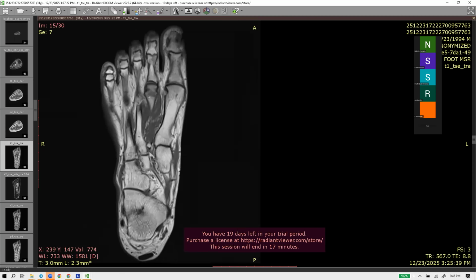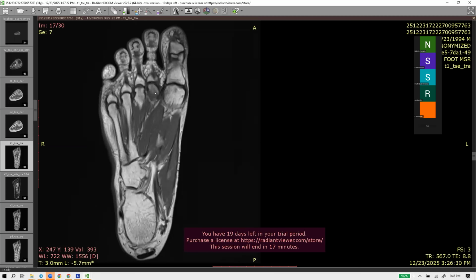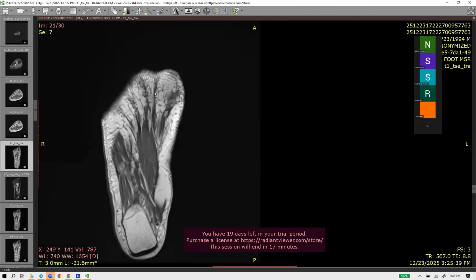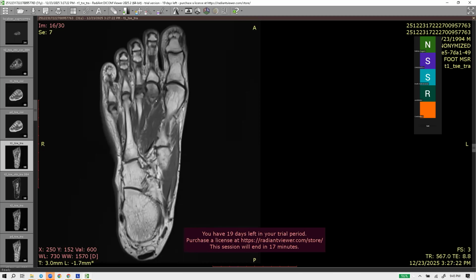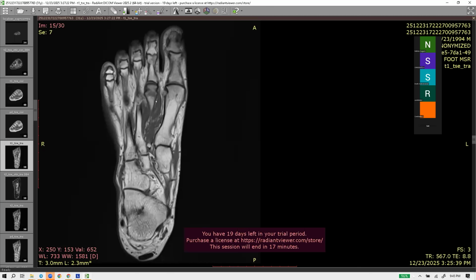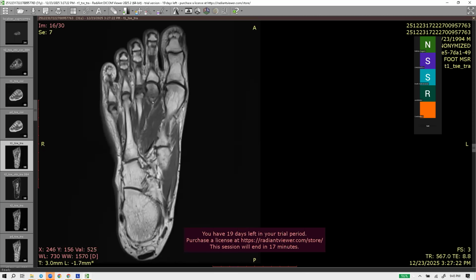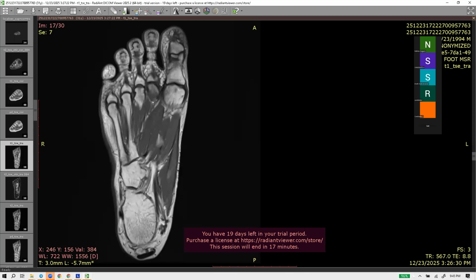Okay, so there is an altered signal present along the second metatarsal head, which appears low on these T1 images, and I'm also suspecting altered signal in the region of the heads of the second and third metatarsals of this foot.